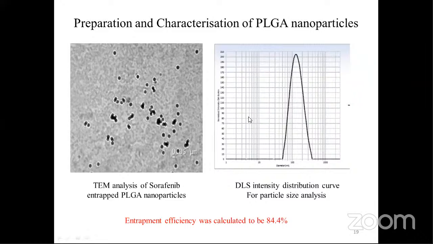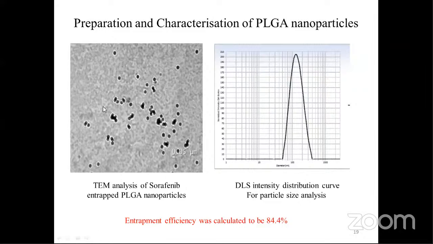But Tina, could you explain what was your methodology for your nanoparticle synthesis? Yes, definitely I can explain. Nanoparticles were synthesized using the solvent evaporation method. Here, PLGA and the drug were dissolved. We select a solvent in which both the nanocarrier and the drug dissolve. I selected DMSO because sorafenib is soluble in DMSO and PLGA also.